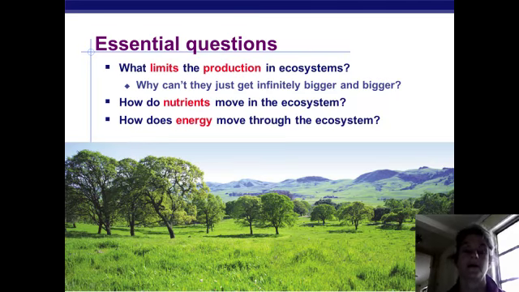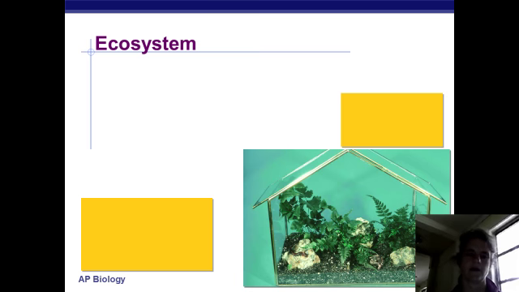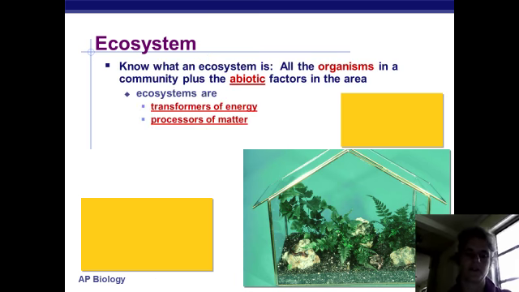Okay, we are back inside from being outside in my little ecosystem in the backyard. And I want to start with this slide here, because this kind of helps us get at some of the core issues I was trying to get to outside. We know what an ecosystem is, but what I want you to focus on is an ecosystem as being a transformer of energy.